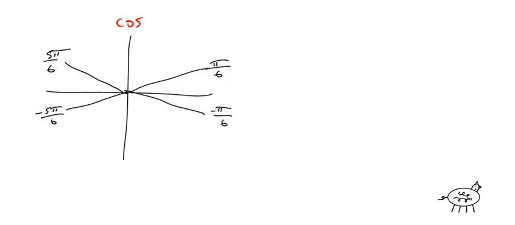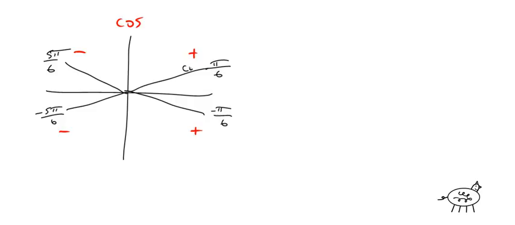Okay? And let's talk about where cosine is positive and negative. Well, it's positive here, it's negative here, it's negative here, and it's positive here, right? All students take calculus. So positive in the first and the fourth quadrant.